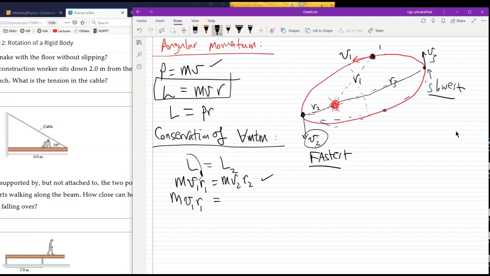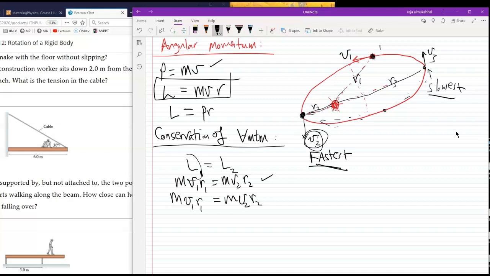It must be equal to the angular momentum of the Earth here, which is the mass of the Earth, same thing, and the velocity v2 and r2. Obviously here r2 is much less than r1, so in order to compensate for that loss of distance, v must increase, and that's why it goes fast.